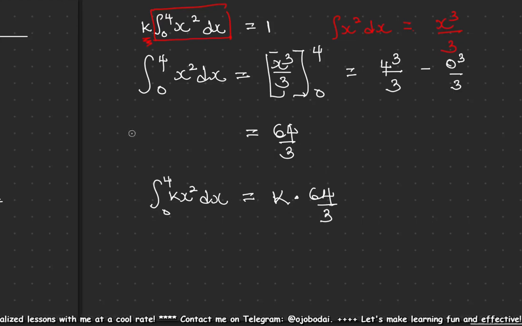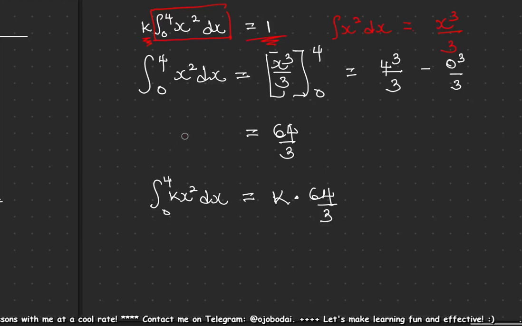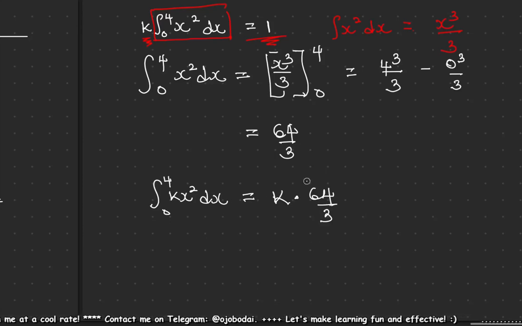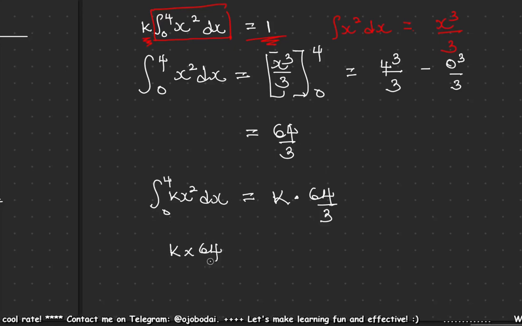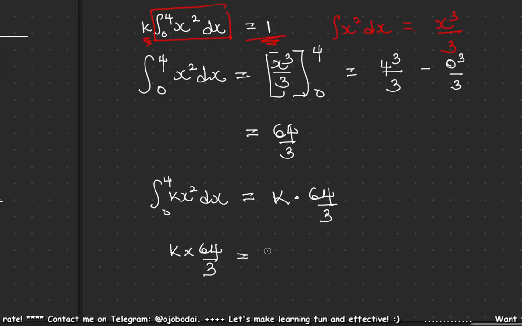And take note that we said it's equal to 1. That is what is going to help us solve for our k. Alright? So we equate all this to 1, so that we have k times 64 over 3 is equal to 1.